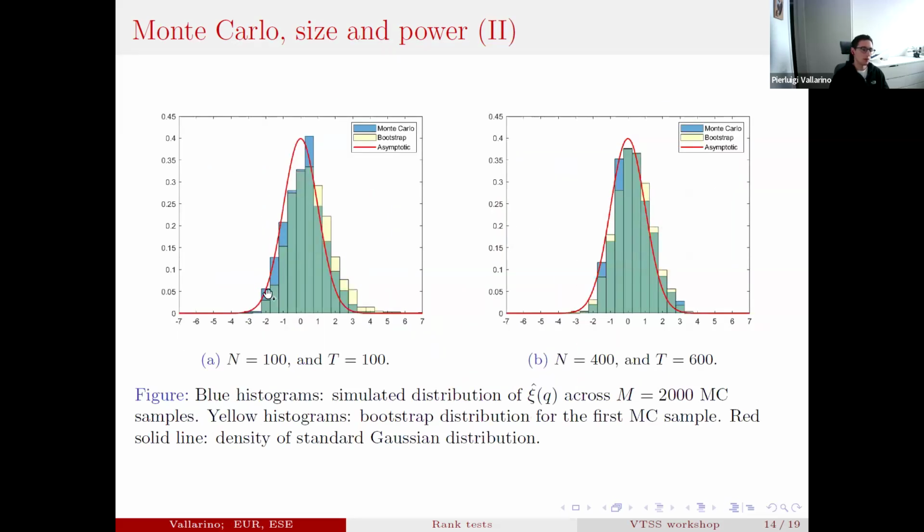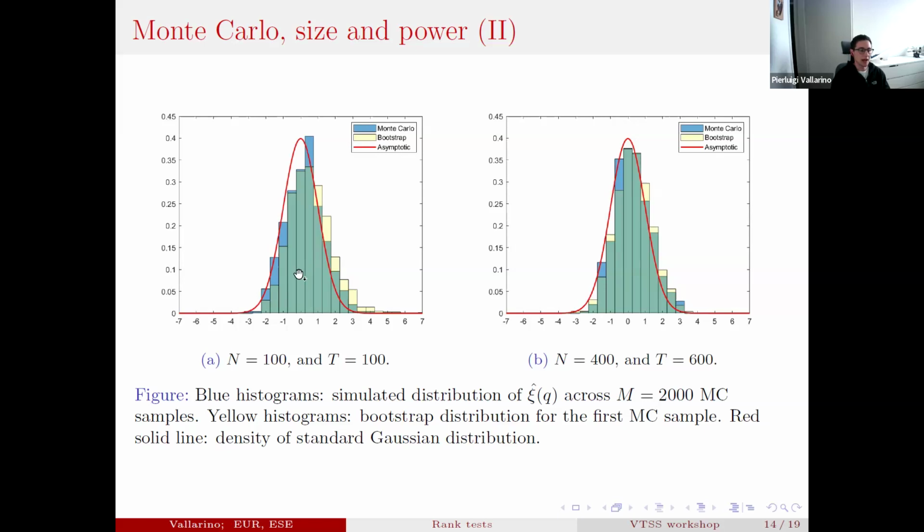Here we have in blue histograms. Basically, blue histograms are the empirical distribution of the test statistic across the 2000 Monte Carlo samples. And we see that in the case of 100 cross-sectional units and 100 points in time, this blue histogram is rather shifted to the right with respect to the standard Gaussian asymptotic density.